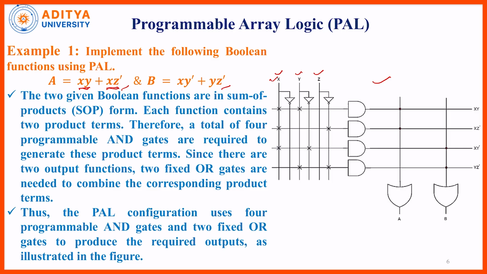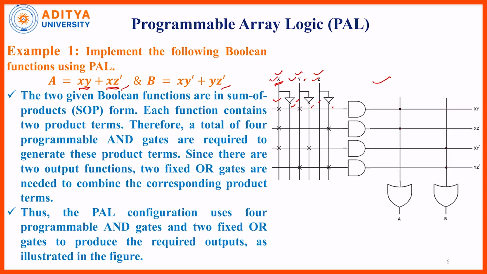We can take x bar, y bar and z bar, so each input has the true and the complement. This is the true line and the complement line for x, the true line and complement for y, and the true line and complement for z.